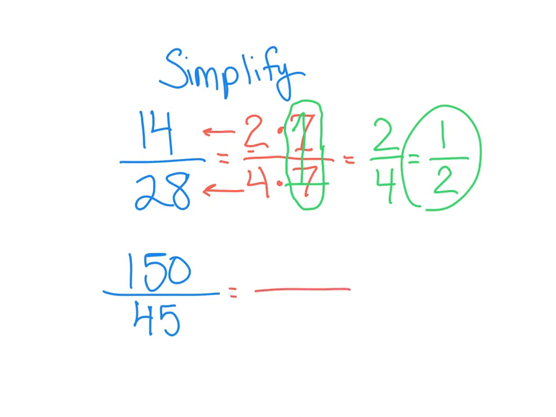Okay, so 150 and 45. I can pick either one to start with. I'm going to start with 150 because it's easy. I know that 15 times 10 is 150 because there's 15 and a 0 in the back. So something times something is 45. Is 10 times something 45? No, that's not a fact.